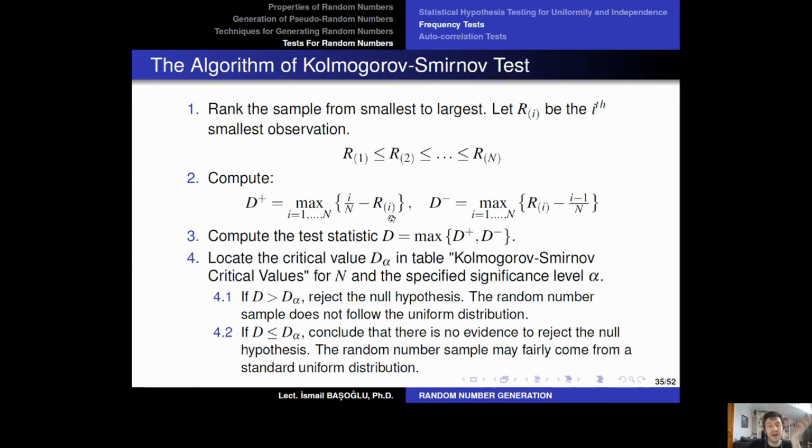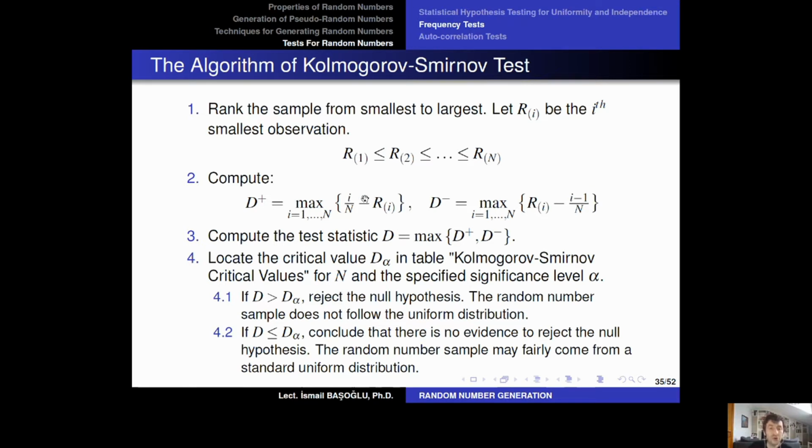R parenthesis i means it is the ith observation in the ordered sequence, from smallest to largest. If it were just written Ri without any parentheses, this means it is my ith observation. However, if it is written R parenthesis i, this means it is the ith observation in the ordered sequence.